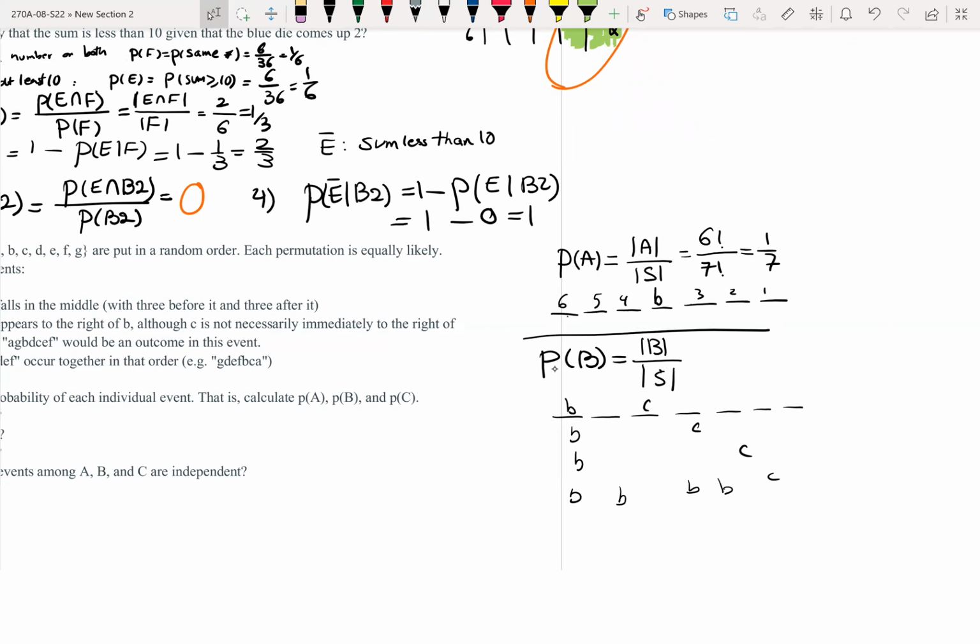Any idea? So you want to say because B is sitting here, you have a 6 factorial over here?